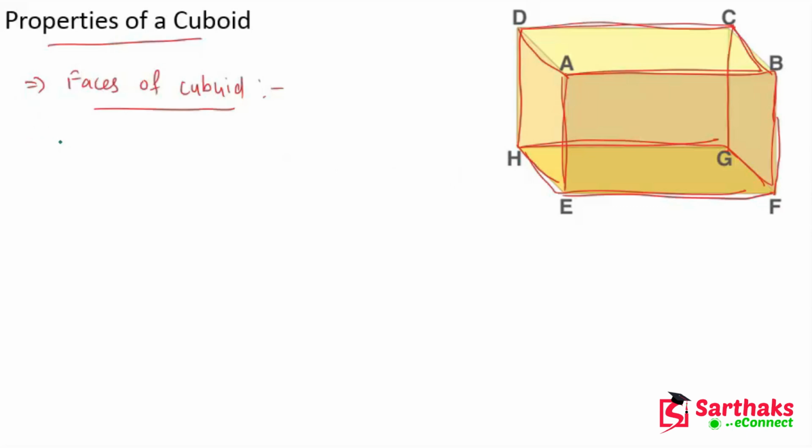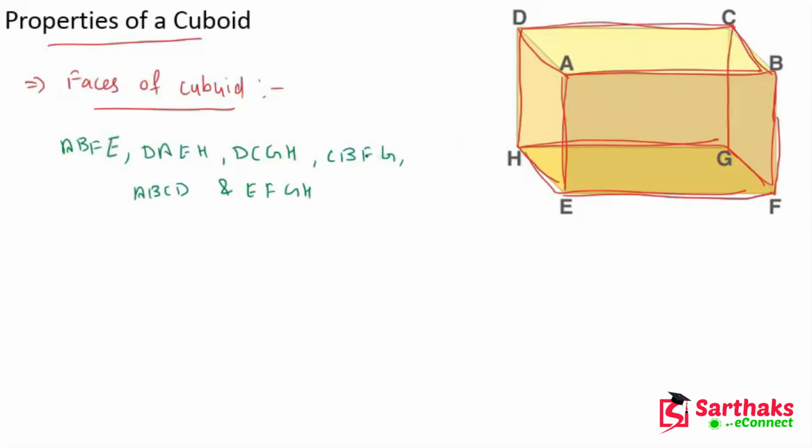We can write here: A, B, F, E; D, A, E, H; D, C, G, H; C, B, F, G; A, B, C, D; and E, F, G, H. These are the 6 faces which are present in the cuboid. So we can say that cuboid is made up of 6 rectangular faces.